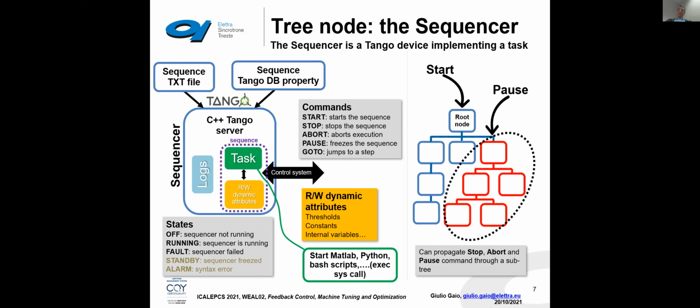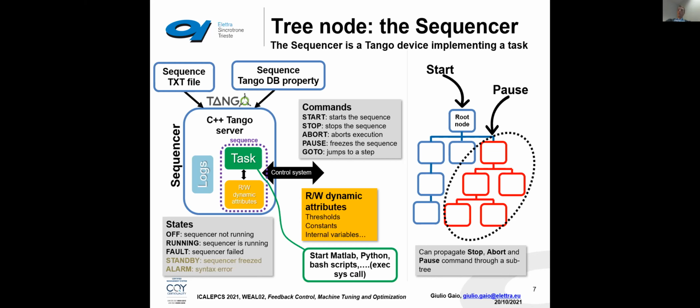The sequencer also presents a common interface to the control system, which is basically made of commands that are used to control the task execution and help the clients build up the structure of the tree. So the client or the operator in the control room normally sends a start command to the root node of the tree.